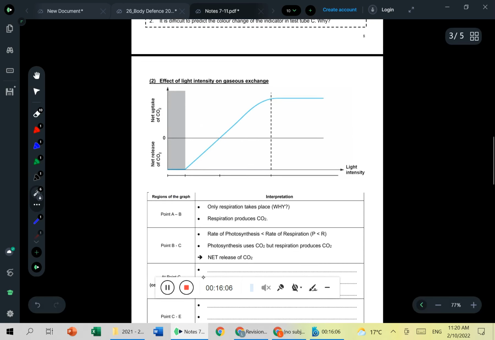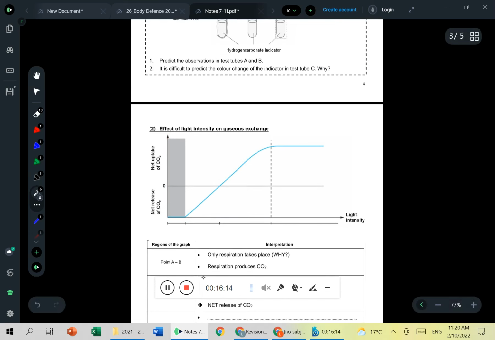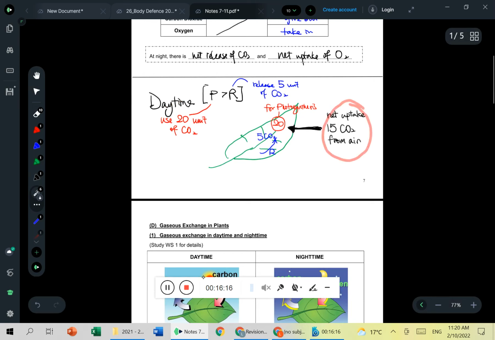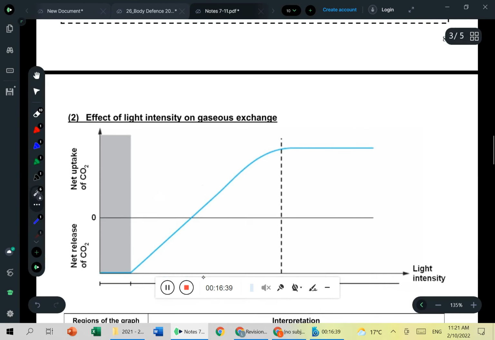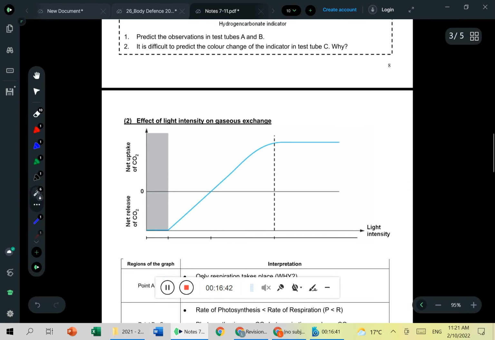If I'm going to plot a graph to illustrate how the plant uptakes or releases CO2, I can only measure the amount of CO2 change in the air. That means I can only measure net uptake or release of CO2. So here, in this graph, that is the reason why the y-axis is the net uptake and net release of CO2. And that is related to air. So you may mark it down that this is about the gas content in air.